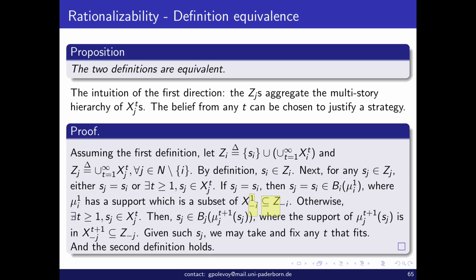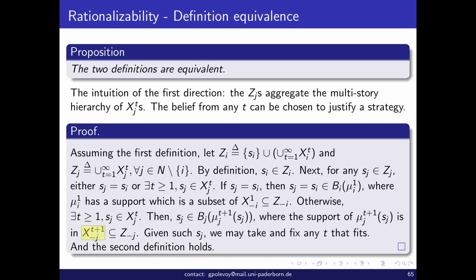Otherwise, there exists a t which is at least 1, such that Sj is a part of some Xjt. J can be i or not here, it does not matter. Then, by again the first definition, we assume that Sj is the best response to some probability distribution mu j t plus 1, where the support of that distribution is in the corresponding X minus j, t plus 1, so in the next step, which by the definition of our Z is in the Z minus j.